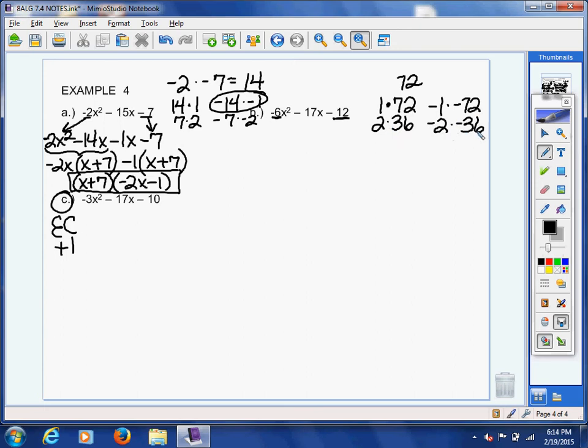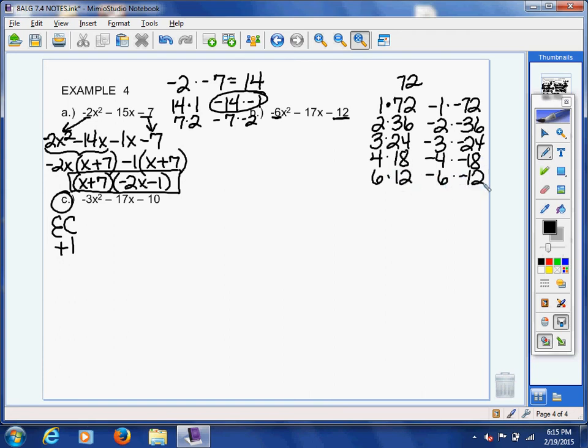3, let's see, yeah, 3 goes in there 24 times. And 4, I think 4 times 18? 5 doesn't work. 6 and 12.